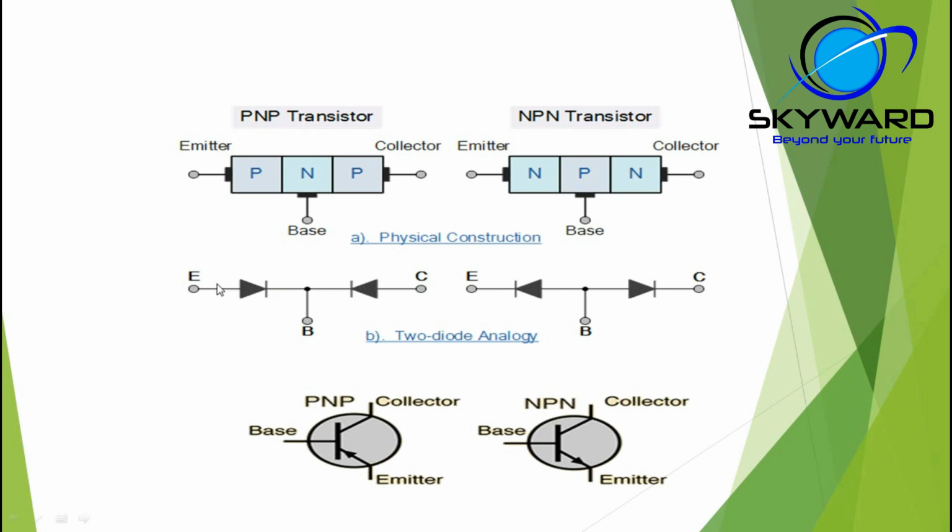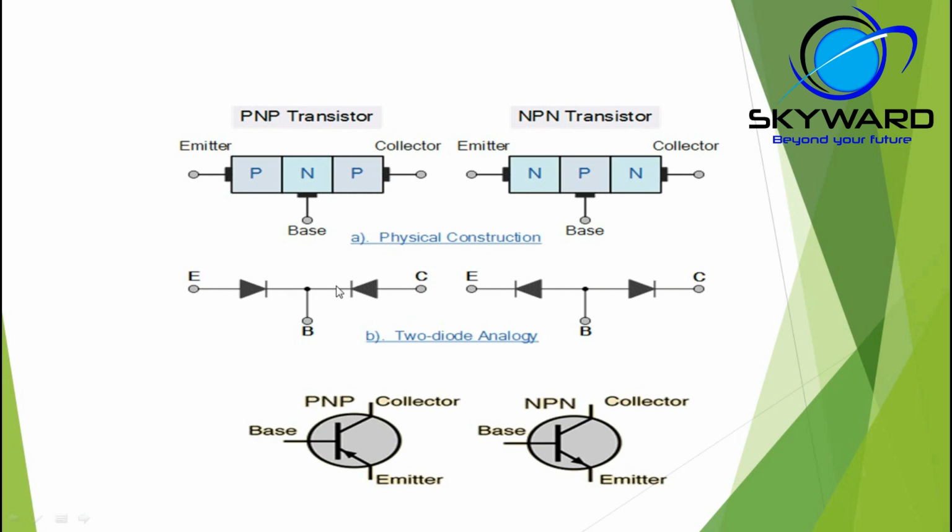If we reverse the probes, no value will come, because a diode only conducts in the forward direction, anode to cathode, not cathode to anode.